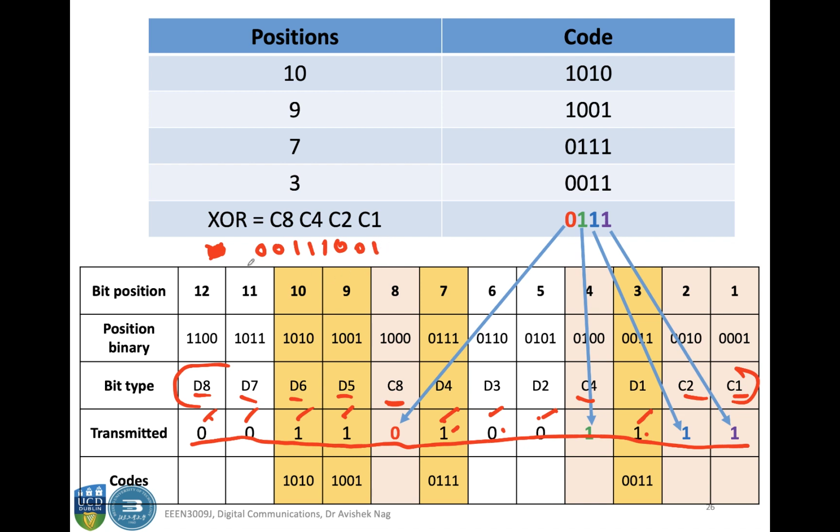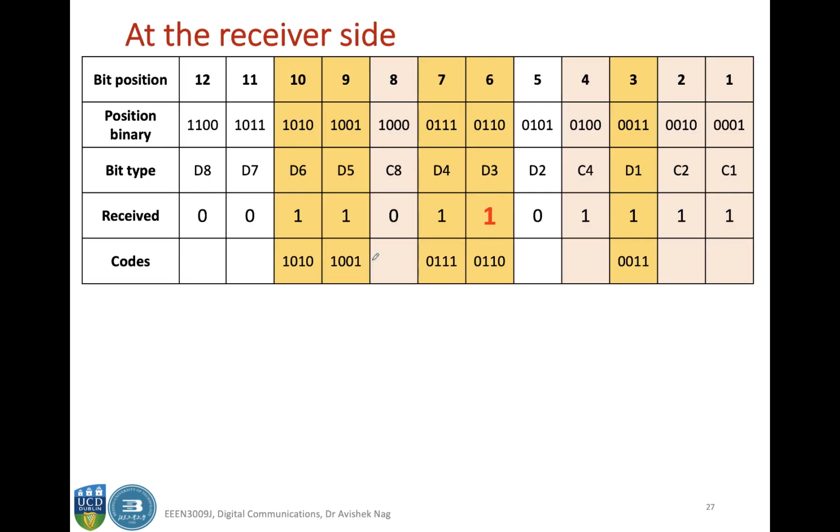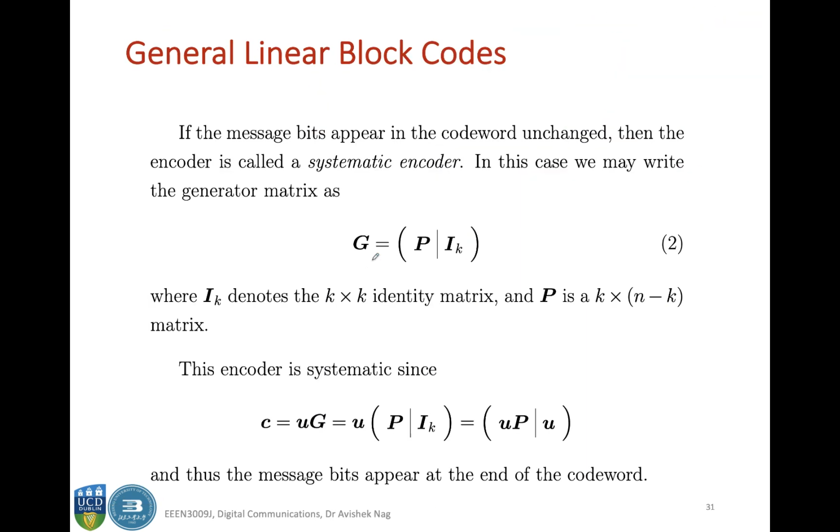Okay, so the message word appears first and then the check bits, whatever they are, appear next. So if this type of code is generated, then that type of code is called systematic code. Okay, and the encoder is called a systematic encoder.